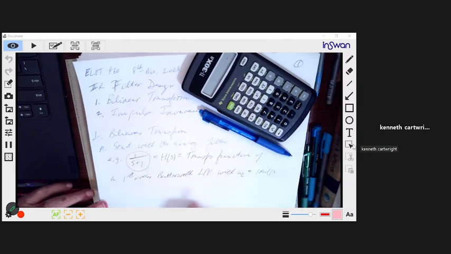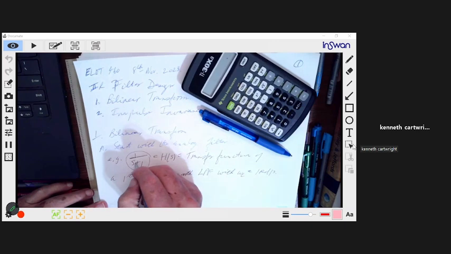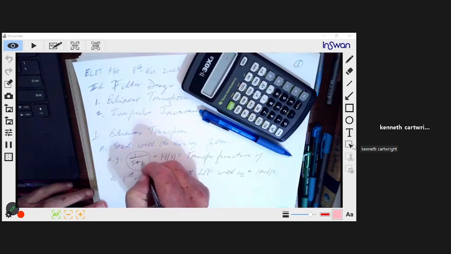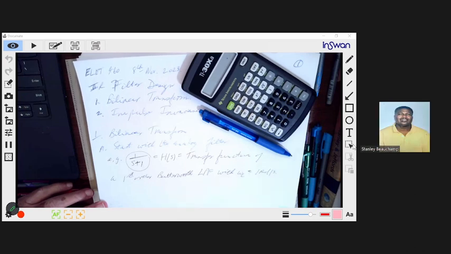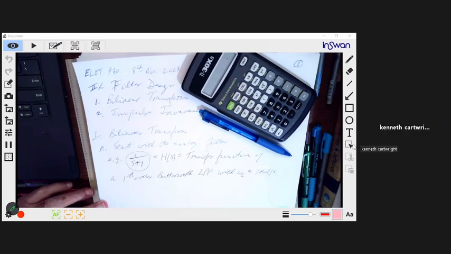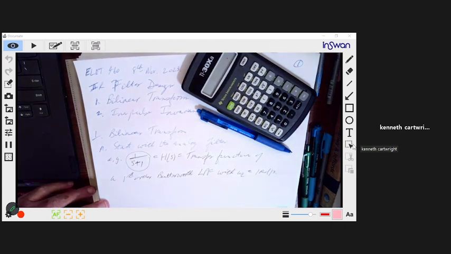Okay. So how do we get a cutoff frequency of omega P? You ask, how can we get the cutoff frequency of omega C? No, omega P. We want the cutoff frequency of omega P. What do we do to this transfer function?